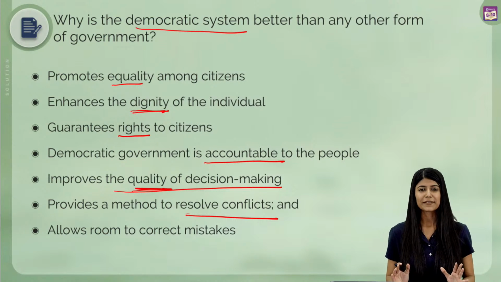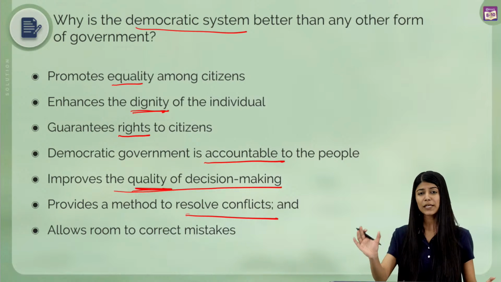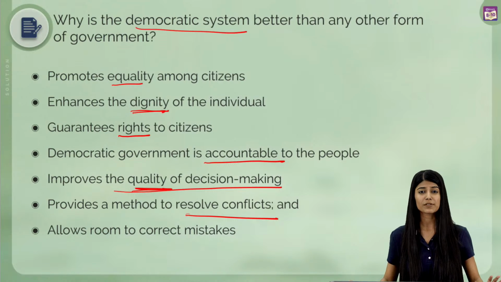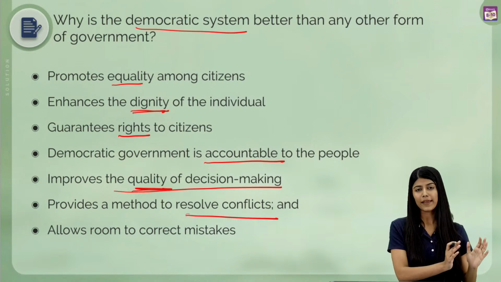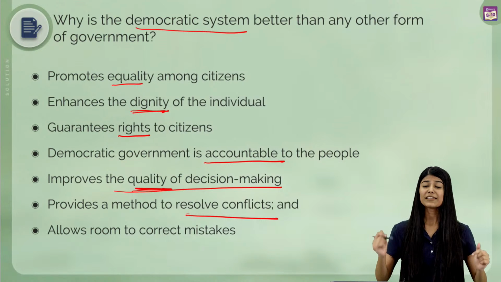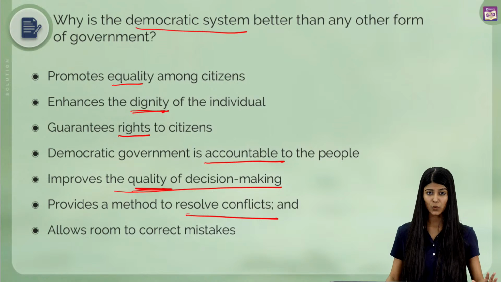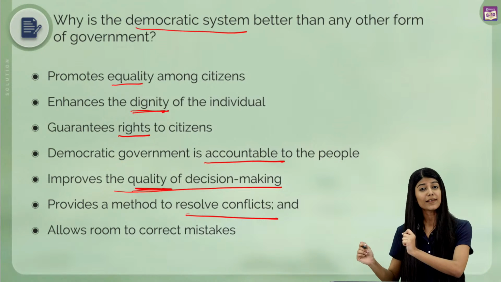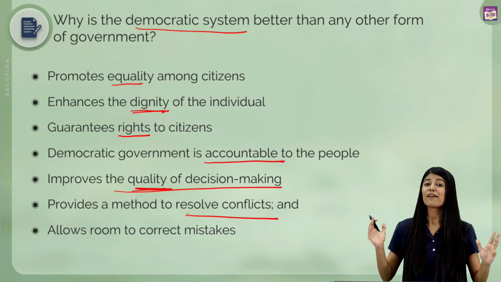Now, what is a conflict? Different social groups have different opinions on a particular subject. How do we resolve the issue between these two different groups? Let's take an example. Team A wants to build a road, and for that they have to chop down the trees to utilize the space for building the road. Now, team B says you cannot chop the trees. The pollution will increase and so many trees have already been cut down.